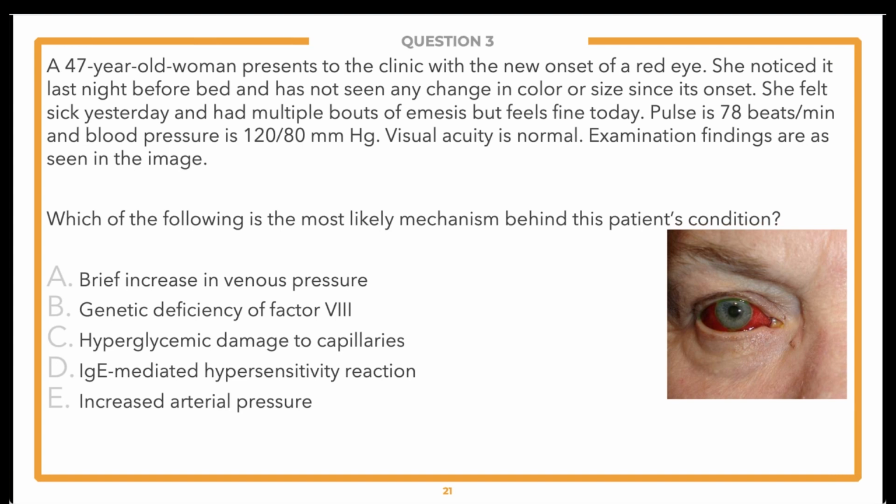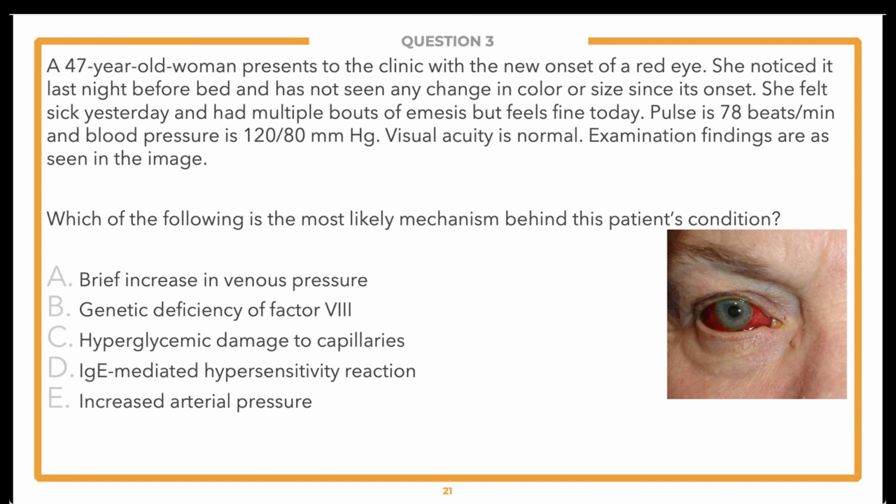So we've got answer choice E, increased arterial pressure. Answer choice D, IgE-mediated hypersensitivity reaction. Answer choice C, hyperglycemic damage to capillaries. Answer choice B, genetic deficiency of factor VIII. Or answer choice A, brief increase in venous pressure.